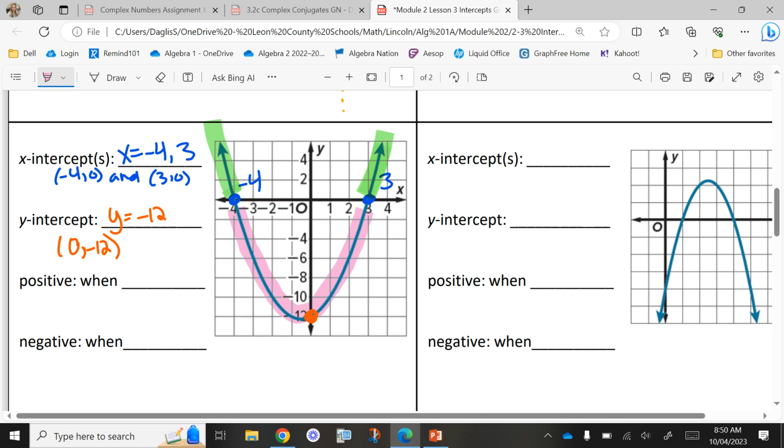They're going to have two pieces doing one thing and one piece doing something else. So it looks like on the right side of 3 and on the left side of negative 4, would you agree that those are my positive pieces? Does that make sense? Talk to me or nod.